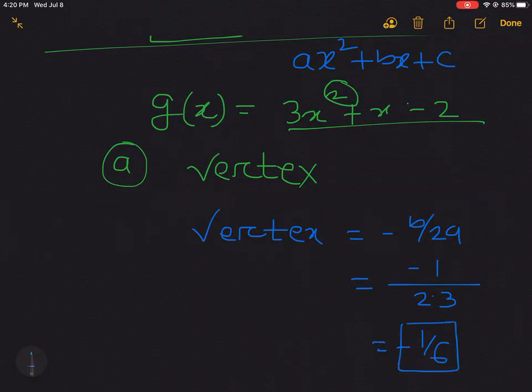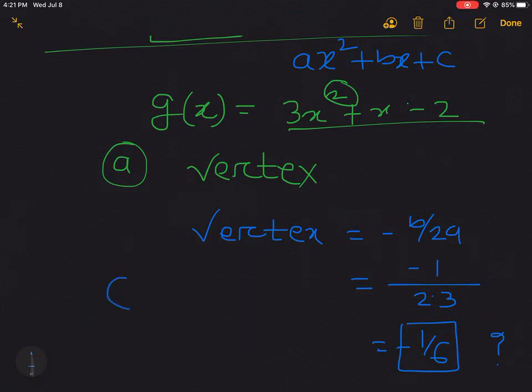Okay, so if the question says, let's say, where is your vertex? Is this the answer? Very good, it's not the answer. Because if the question says, where is the vertex?